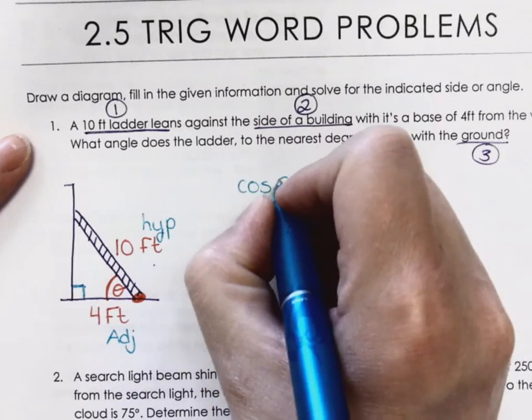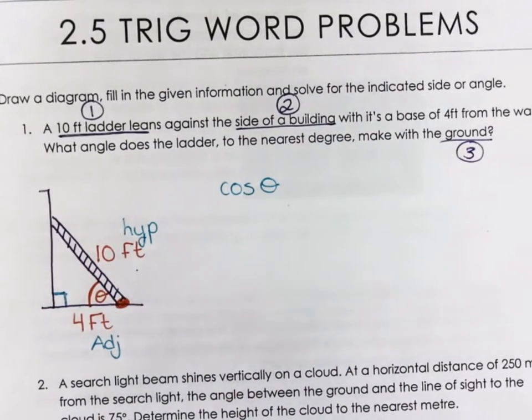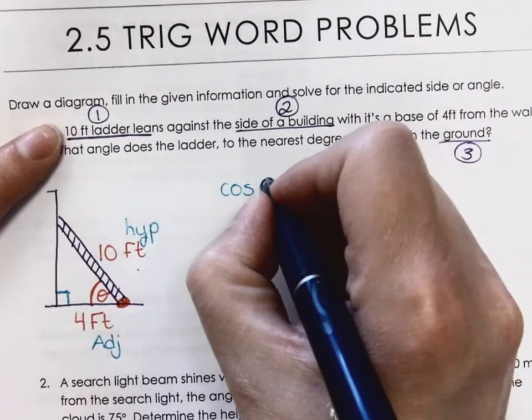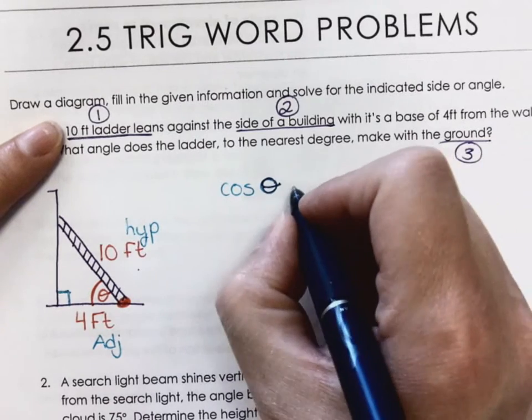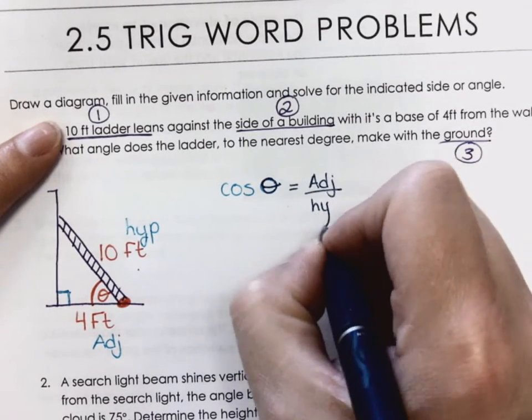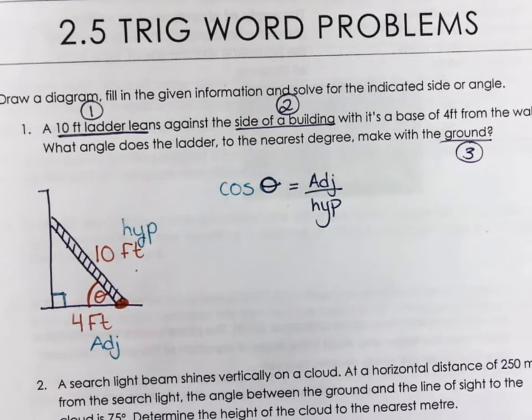So cos of the angle, and I'm using the variable theta. Sorry, that's a really light blue. That's not the best. So cos of theta, so theta represents an angle, is equal to the adjacent side over the hypotenuse. So again, if you haven't memorized your formulas, it's always good to write them down because that's kind of like muscle memory.